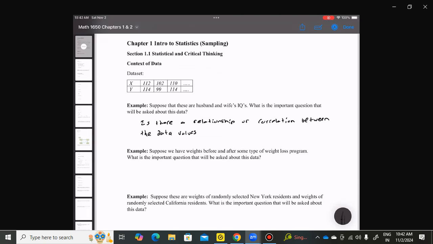Do women and men get together based on similar IQs, or is there no correlation there, and that's not one of the factors that causes two people to get together?